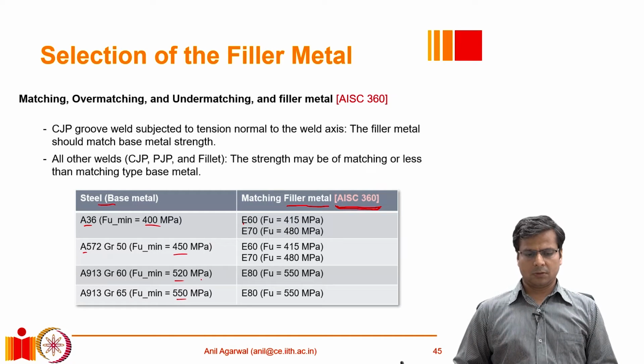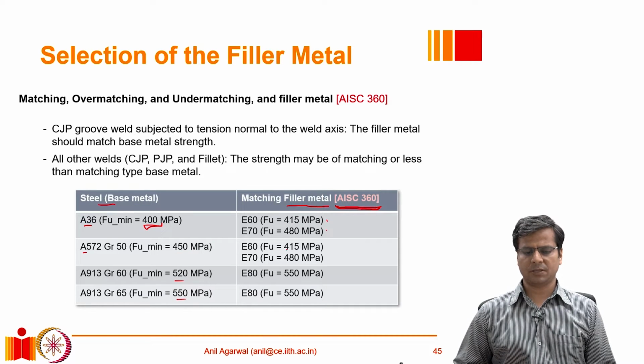So the code says that generally the requirement is that we should go for a matching type of filler material. So basically, if we have a 400 MPa steel, we should use an electrode which is somewhere in the similar range. Likewise, for a 450 MPa steel, we could utilize electrodes which are slightly lower or slightly higher than that strength. So likewise, all these specifications are mentioned.